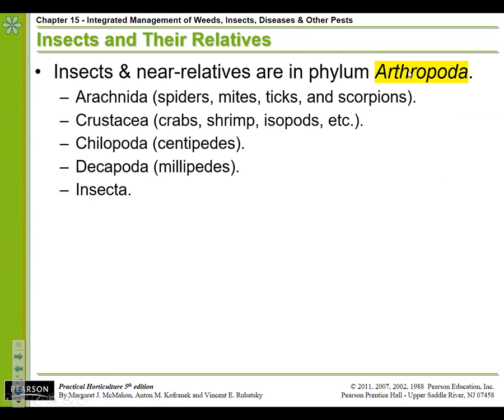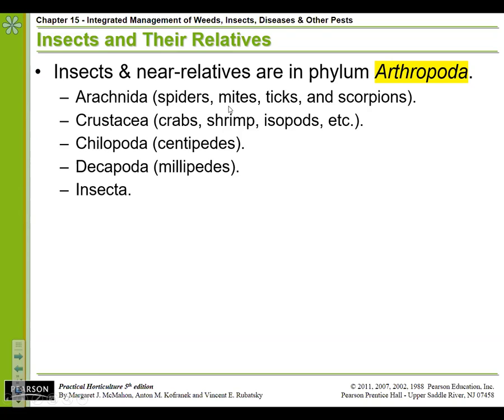So all of our insect and similar pests are in the phylum Arthropoda, and they have different classes. It's important to look at these different families and classes within that phylum, such as the arachnids that have mites, for instance, as a huge pest.